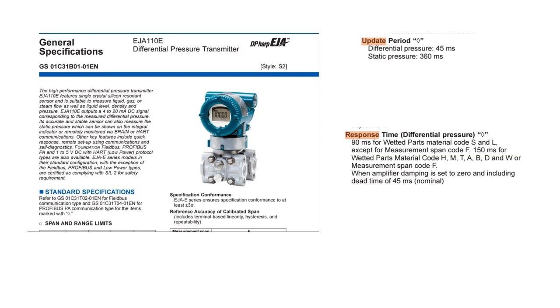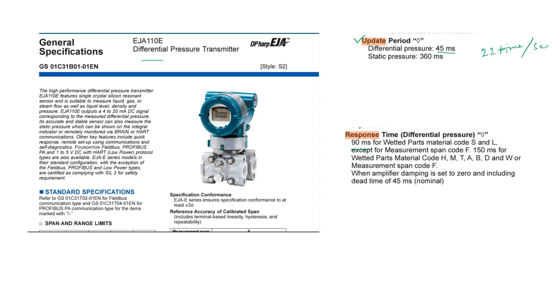Let's look into the other transmitter, which is the Yokogawa EJA110E. Now, in this case, the update period is 45 milliseconds, which means per second, it gets updated more than 22 times, right? So this can be used. Again, response time is 90 milliseconds, which is way below 200 milliseconds. So this can also be used.